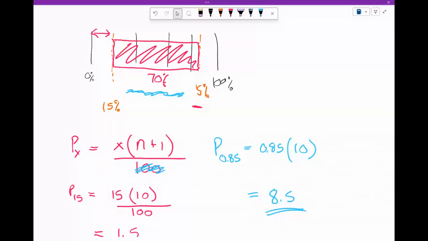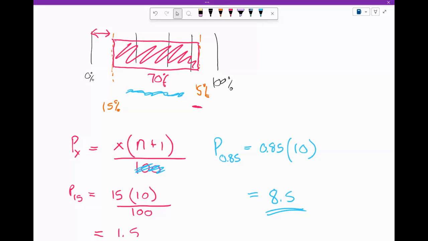We want it to be in the middle, so that means that our right extreme should be equal to our left extreme. Does that make sense? So we say, okay, that means 15% this side, 15% that side, we then have our middle 70.